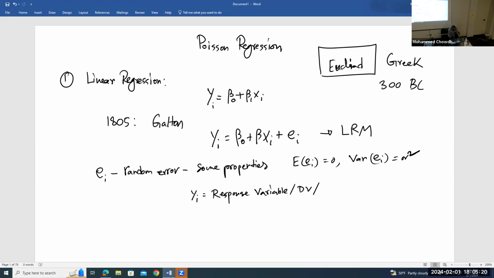The xi is called the independent variable. It is called the regressor. It is called the explanatory variable.